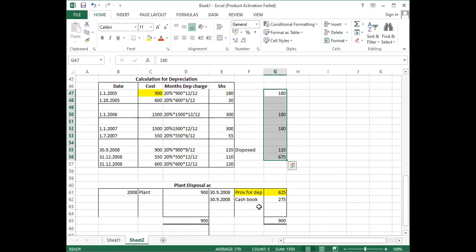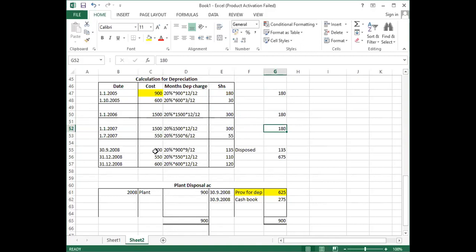Is it clear? Because you need to take that machine and calculate it this way. The first year, 900, the depreciation was 180. The second year, the 900 is among this, and for the whole year, depreciation will still be 180. That year, 2007, that machine is still with us, a full year, 180, right?